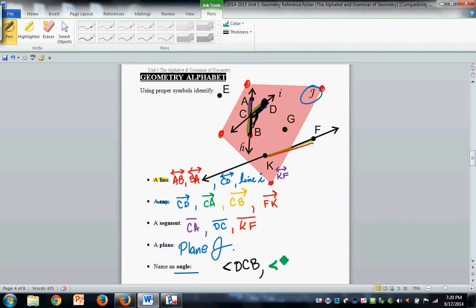I'm going to do angle ACD. It looks like here you start at A, go to C, go to D, sweep. Trace and sweep, and there's an angle. Have to use 3 letters for an angle.